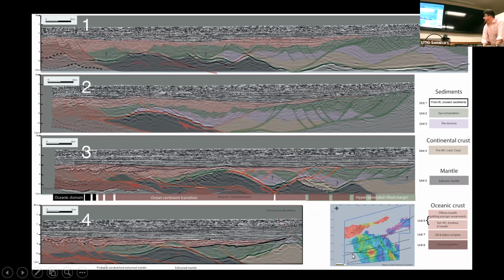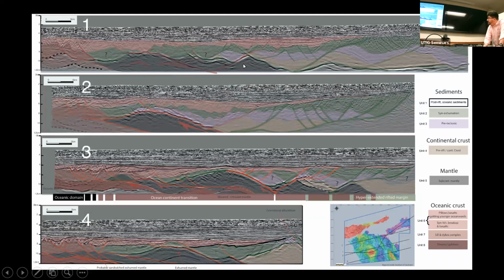But what's really interesting is that all of these show these very key features where here you have continental crust and continental lithosphere. So green is your syn-exhumation, syn-rift sedimentary rocks. Purple is your pre-rift sediment. Brown is your continental basement. And then in green, it's kind of hard to see, but in green here, you have these seaward dipping detachment faults that sole into this very bright reflector called the M reflector.